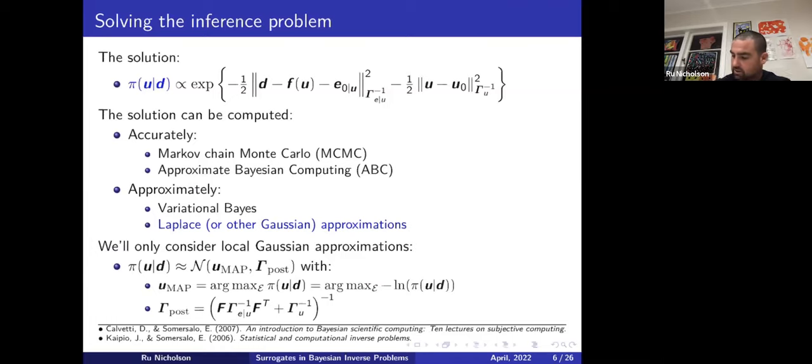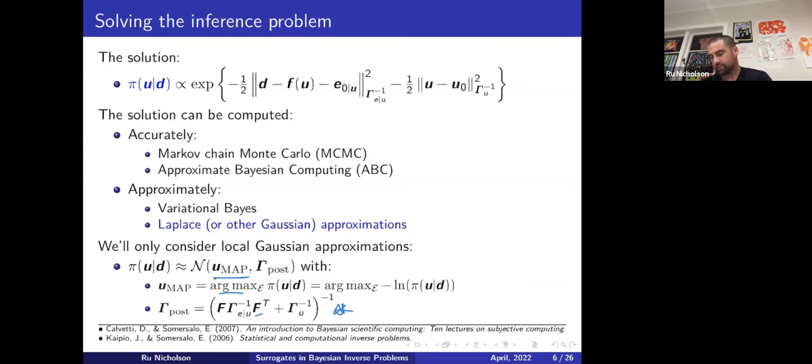So as I said, I'll look at a Gaussian approximation to the posterior, a Gaussian centered at the MAP estimate, which is defined as the point in parameter space which maximizes the posterior, and then the approximate posterior covariance matrix is going to be given by this expression, where this bold F here is now the Jacobian of the forward problem with respect to the parameters.